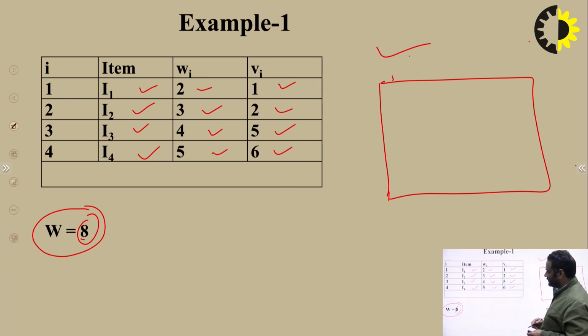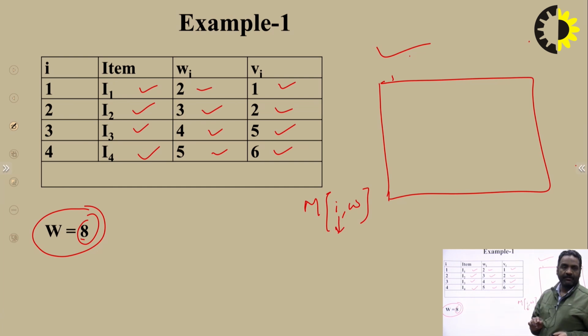So let's start. As a first step, we create a matrix having rows representing the profit and columns representing the weight of the items.